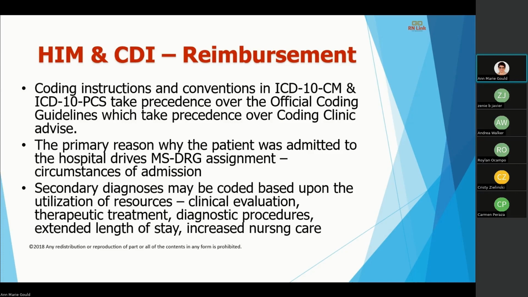Your secondary diagnosis may be coded based upon the utilization of resources, right? And we discussed this: your clinical evaluation, therapeutic treatment, diagnostic procedures. They ended up staying longer in the hospital. Maybe they developed another diagnosis that wasn't expected, and they ended up getting more nursing care, or they had to go to a higher level of care from telemetry to ICU or something.